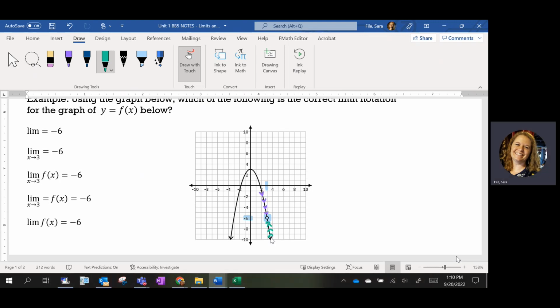So the limit as x approaches 3 of f of x is -6. How would that be written? Which one do you think? The one right in the middle: the limit of f of x as x approaches 3 is -6. That's correct. So what's wrong with the other options?